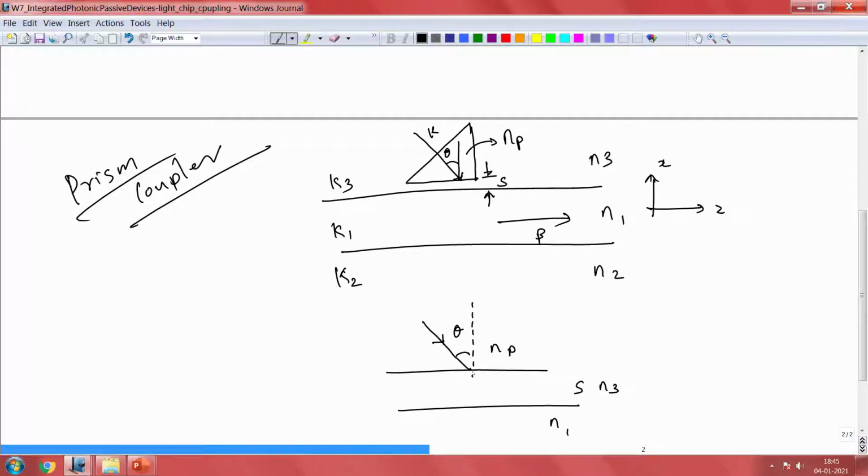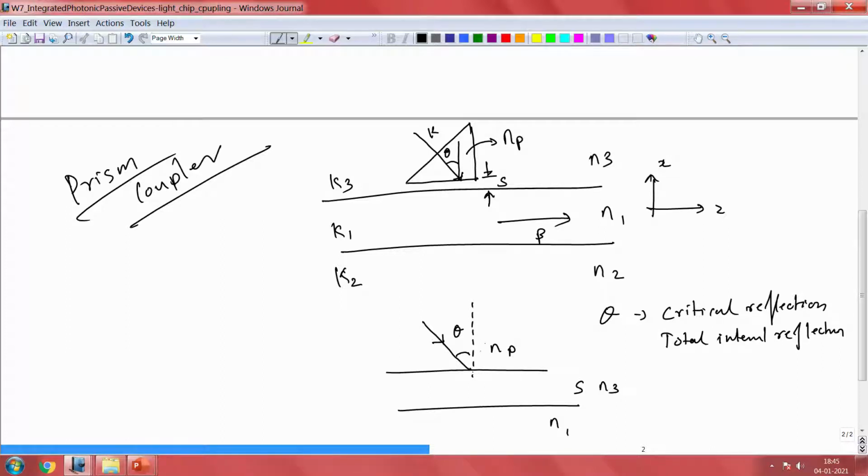Now we have to illuminate this at a critical angle. So, the illuminating angle theta is the critical reflection angle, or in other words the total internal reflection angle.